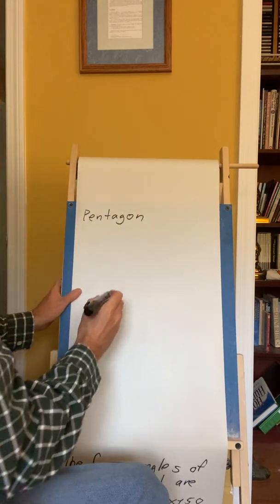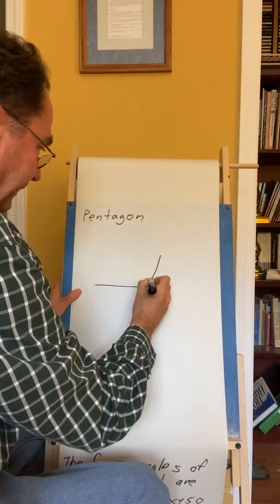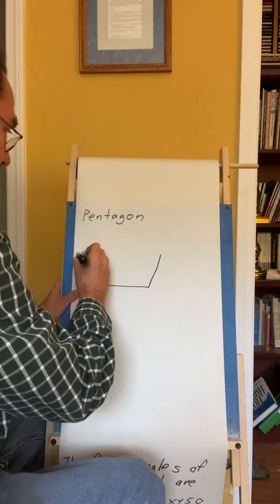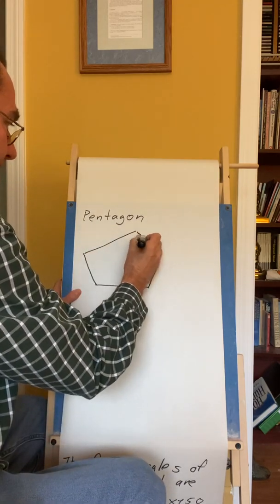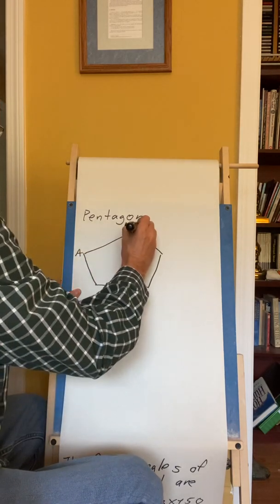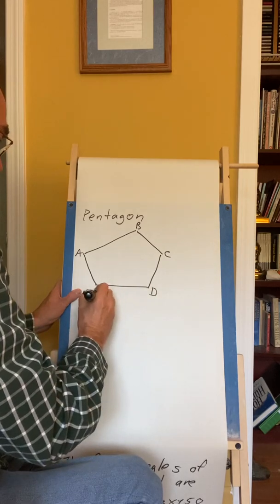What's a pentagon? A five-sided figure. Okay, let me draw a five-sided figure here. And let's call this pentagon A, B, C, D, and E.